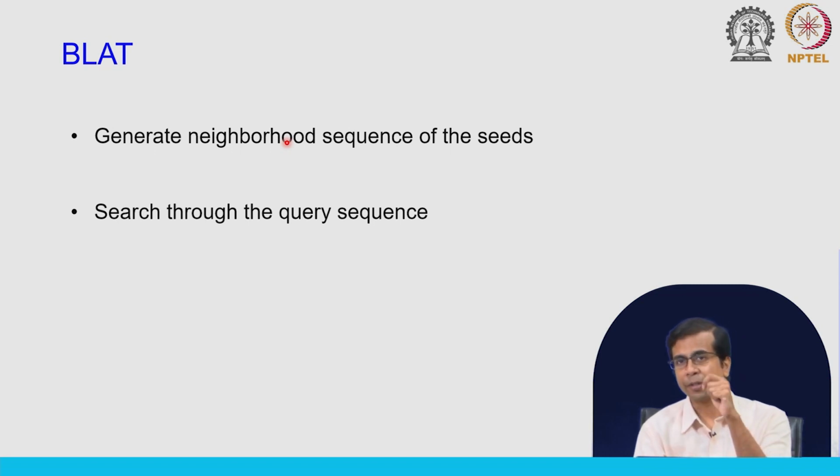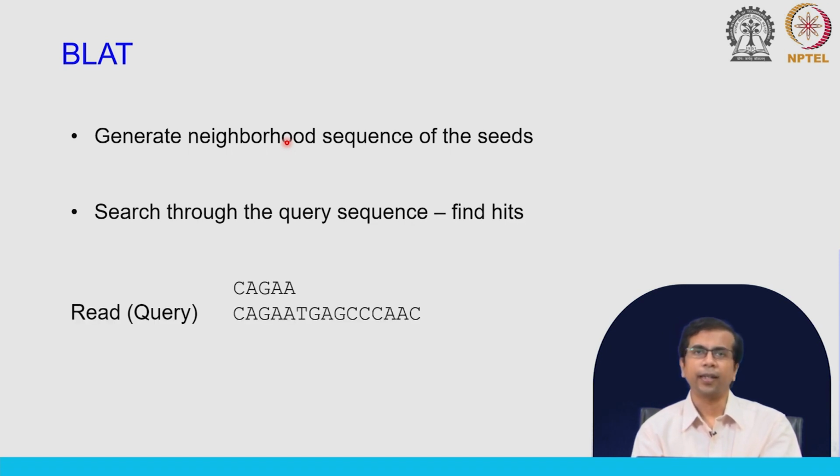Without going into all the details, because we have seen how you generate these neighborhood sequences, you generate those for the seeds here, and then we search through the query sequence, and then you find hits. Again, you expect perfect matches because we have considered these variations. When you are considering these neighborhood sequences with certain matches, we are considering sequencing errors. We have accounted for sequencing errors.